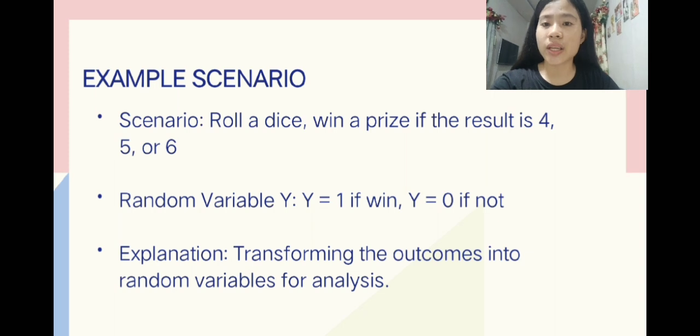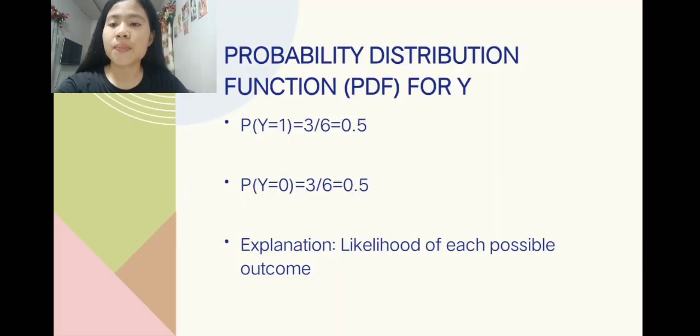To understand this better, let's look at the PDF for Y. P of Y equals 1, the probability of winning, which is the probability of rolling 4, 5, or 6. This is calculated as 3 over 6, or 0.5.